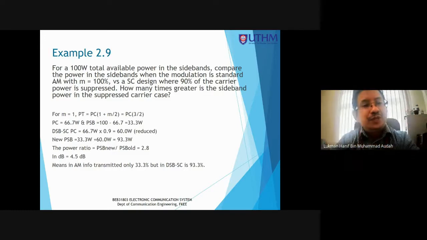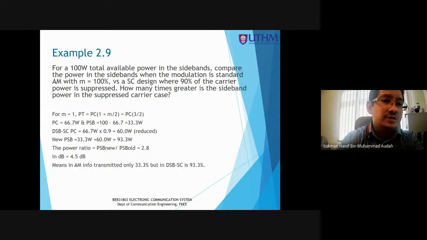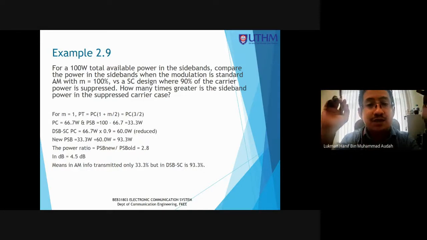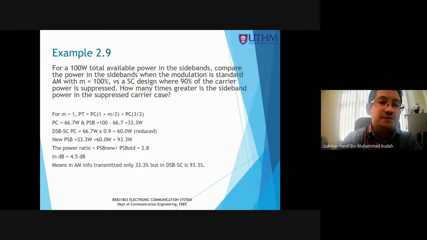So example 2.9, for a 100 total available power in the sidebands. Okay, compare the power of the sidebands when the modulation is standard AM with M 100% versus suppressed carrier.